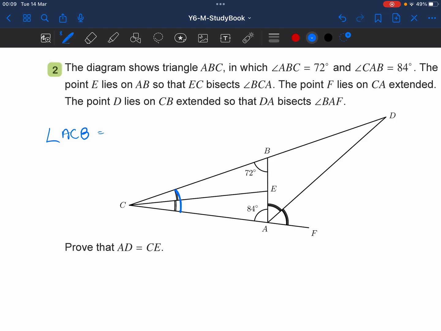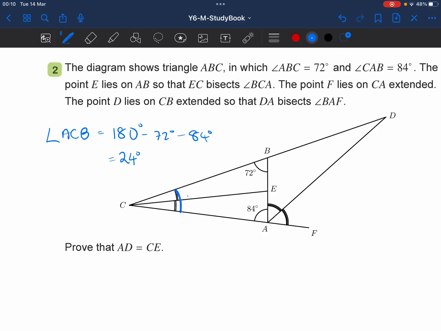So we get 180 degrees minus 72 degrees minus 84 degrees. Subtracting 156 from 180 gives us 24 degrees.